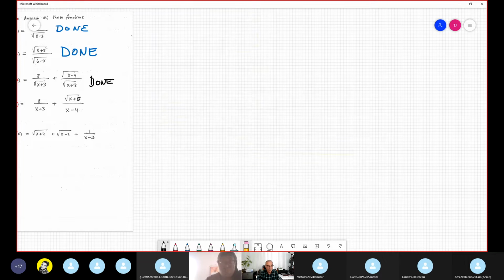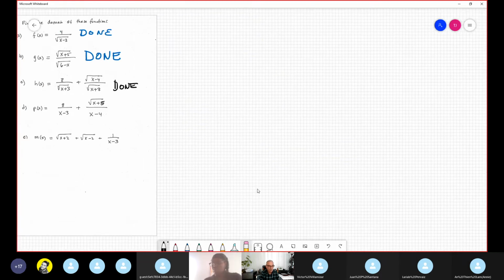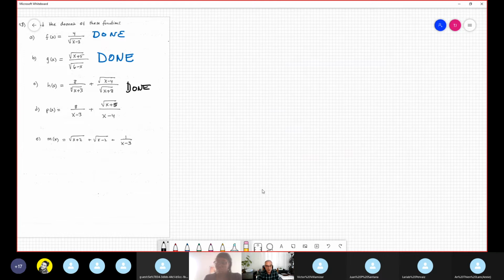Okay, suppose now this expression is 8 divided by x minus 3 plus square root of x plus 5 divided by x minus 4. Wow, this is how you set up restriction in this case.